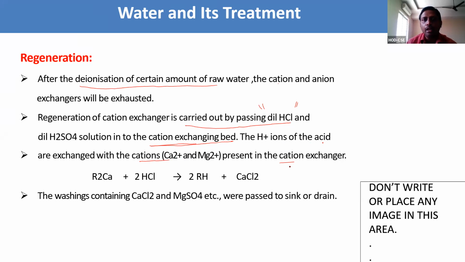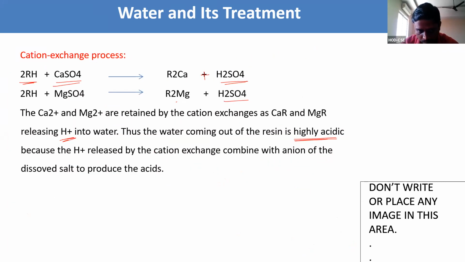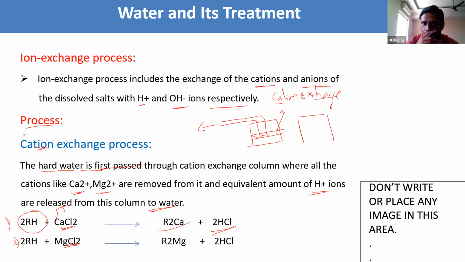It is just the reverse of what we got in the process: the reactants become the products and the products become the reactants. We just need to reverse these reactions.